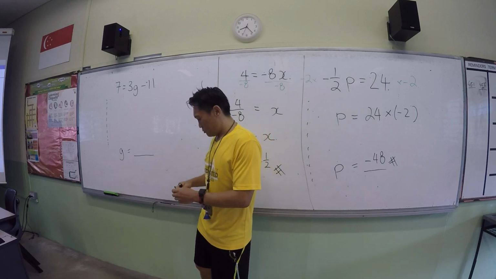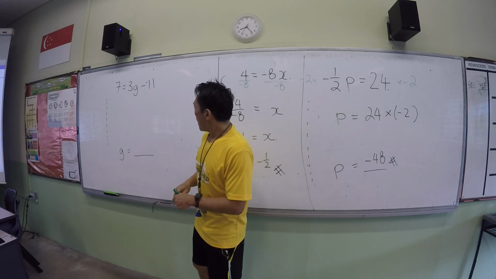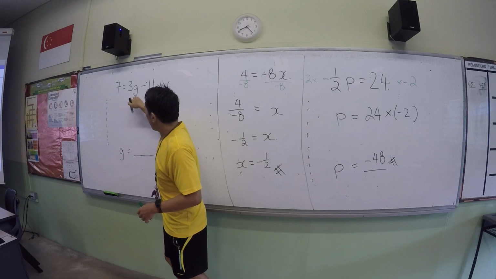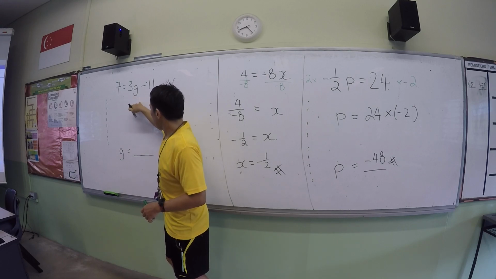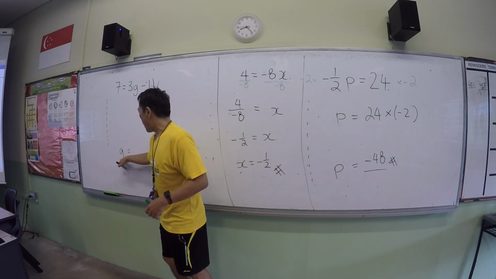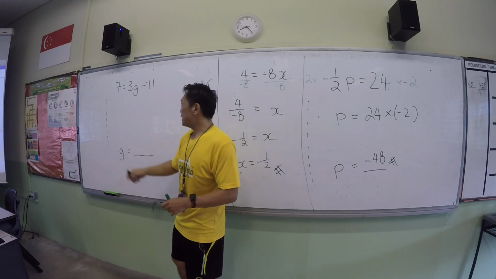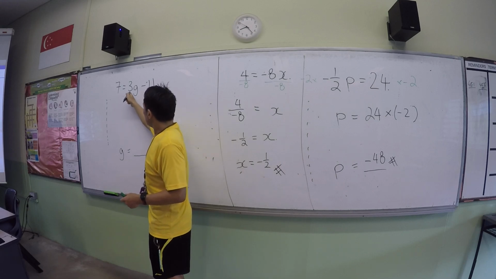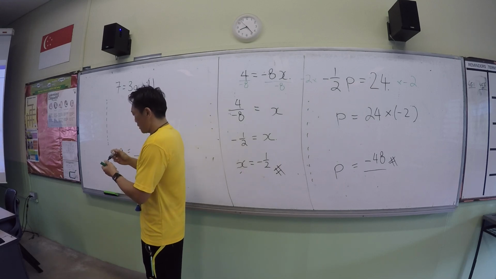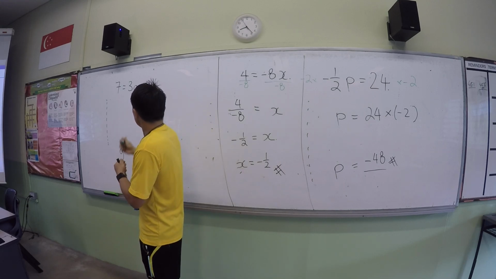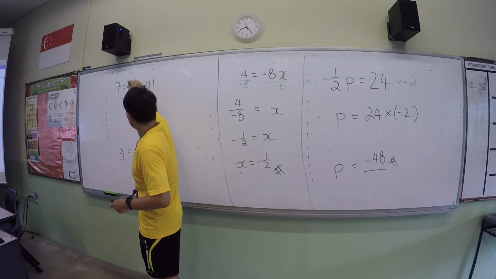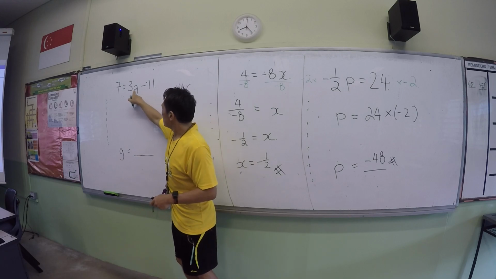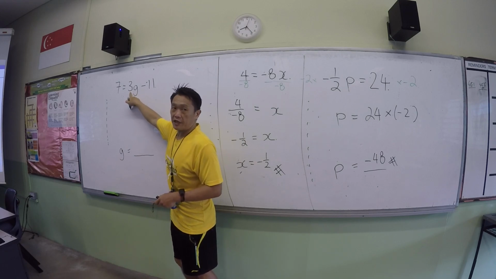So how can we, from this side where we have the unknown, finally make it until we have only one unknown and don't have any other things? So, right now, your unknown is multiplied. Remember, this one is multiplication. 3g means 3 of g. Your unknown is multiplied by 3.